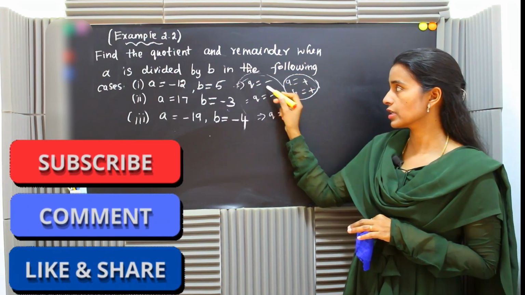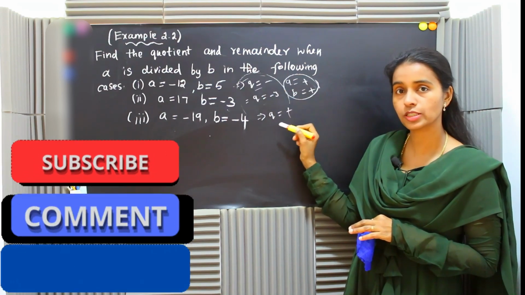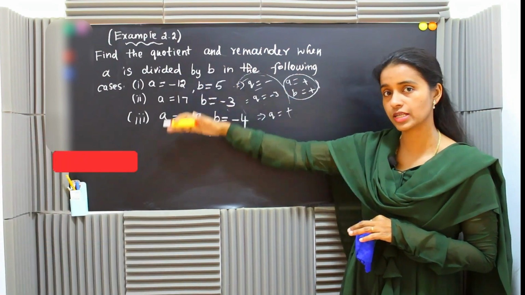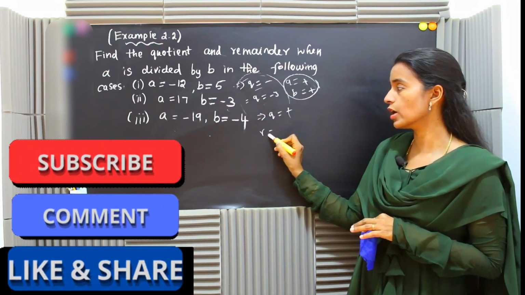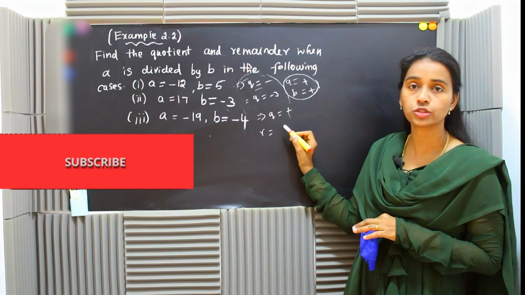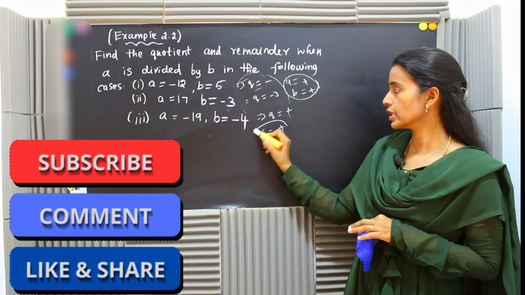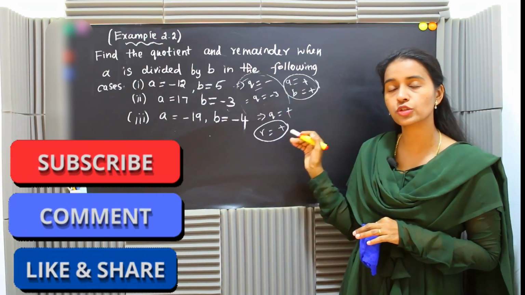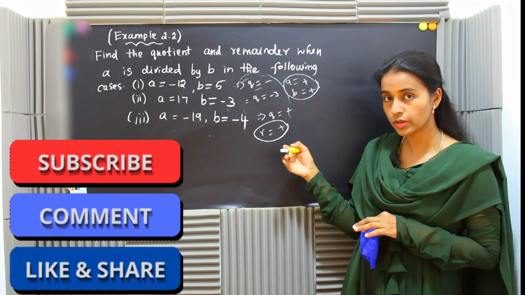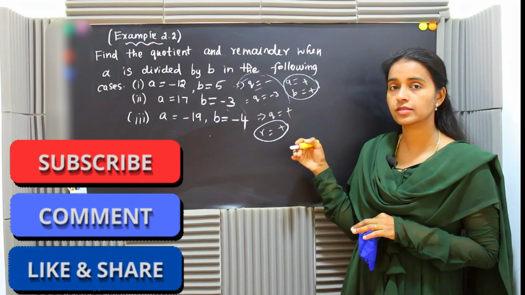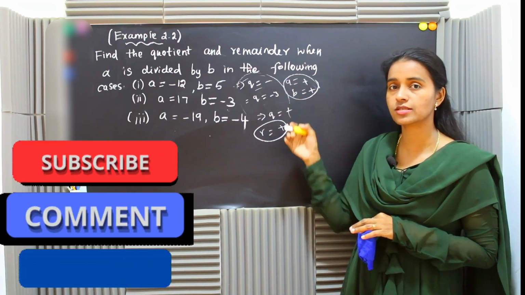This condition should be true in all these kinds of scenarios, and in all cases R, the remainder, should be a positive number. If you have a negative number, then there might be some slight changes in the quotient.